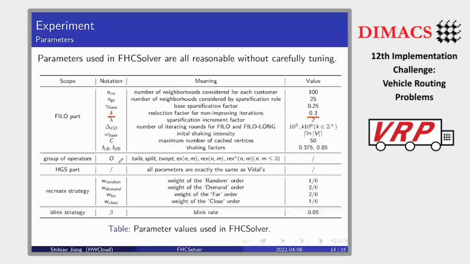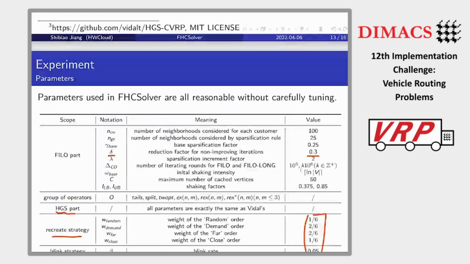And for the HGS part, we use all the parameters exactly the same as Vidal's because we just use his open source code. And for the strategies we added, we use very reasonable numbers. Okay, let's move on.